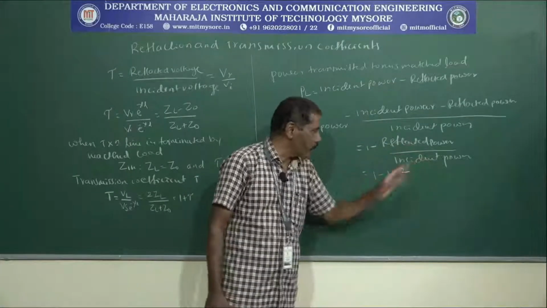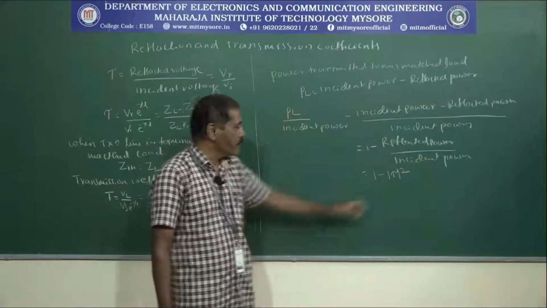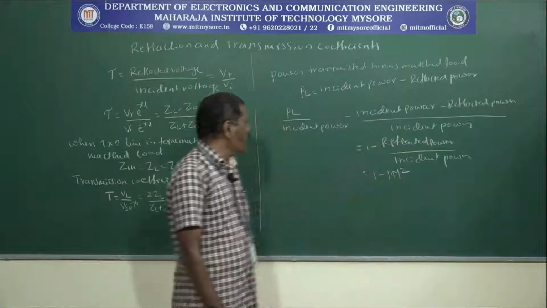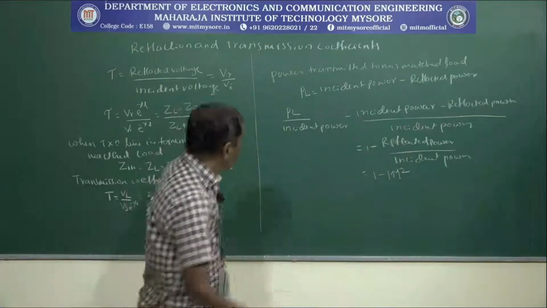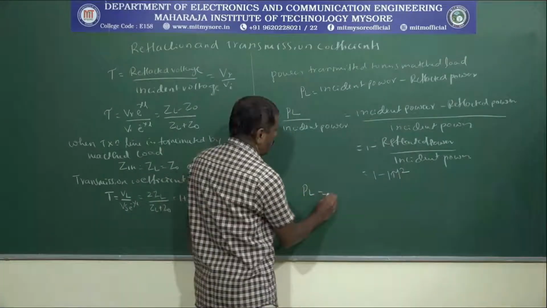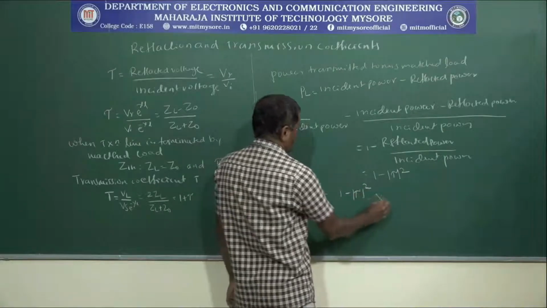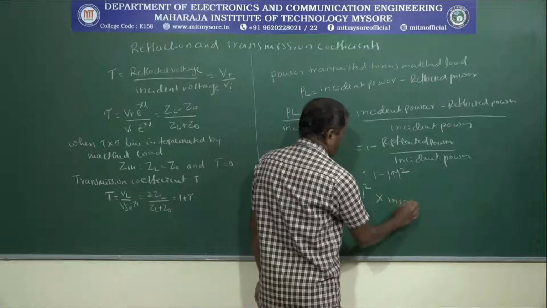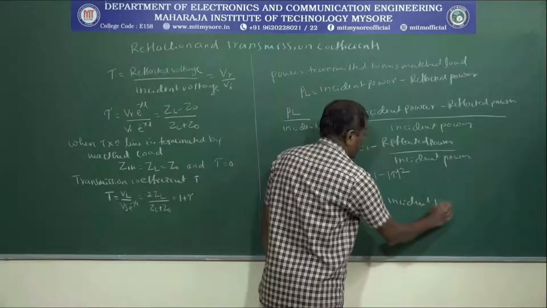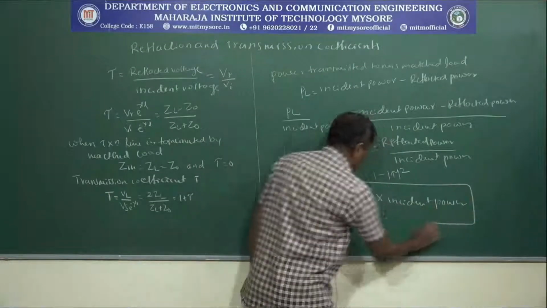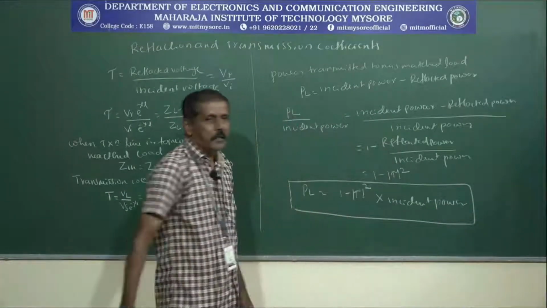You know that the reflected power divided by incident power is nothing but tau squared, so this is equal to 1 minus tau squared. Then you can write it as PL equal to 1 minus tau square into incident power. Okay, so this is the power which is delivered to the load.